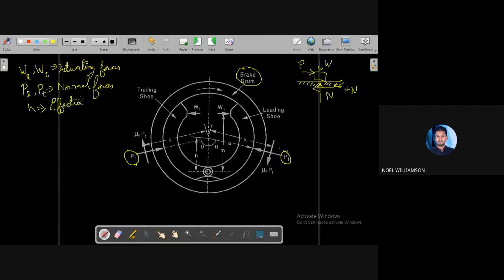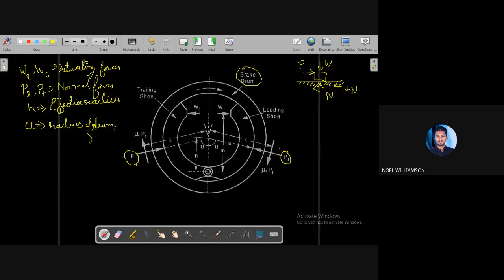Then here you can see a, that is the radius of the drum from the center to the internal portion of the drum. Small a is the radius of the drum.